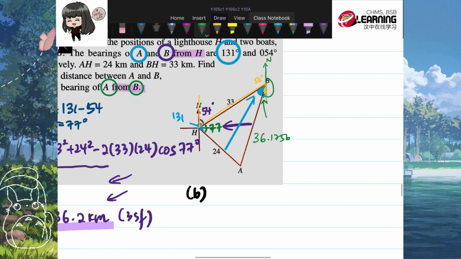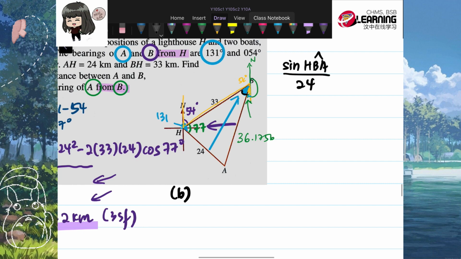So sine of angle HBA, over 24, the opposite length, equals sine 77 over 36.1756.